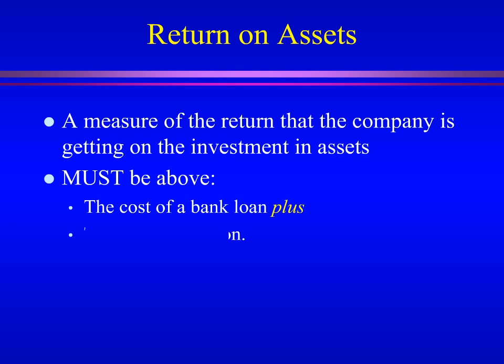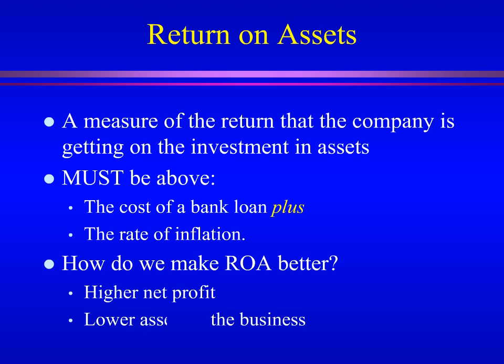Okay, and the final slide in this lecture, return on assets, measures the return that the company is getting on the investment in assets. Your return on your assets should be more than the cost of a bank loan to get those assets. So let's say a bank loan is 7%, then my return on my assets should be higher than the bank rate.